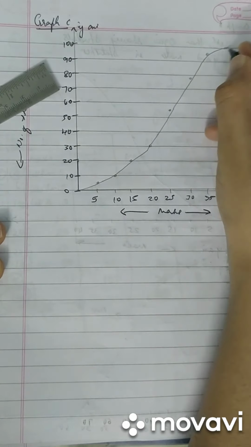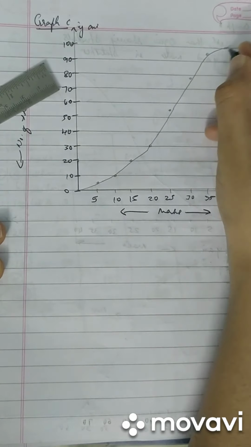For 0 it is 100. For 5 it is 96. For 10, 90. For 15 it is 80, 20 it is 70, then it is 45, then it is 23 and 5.